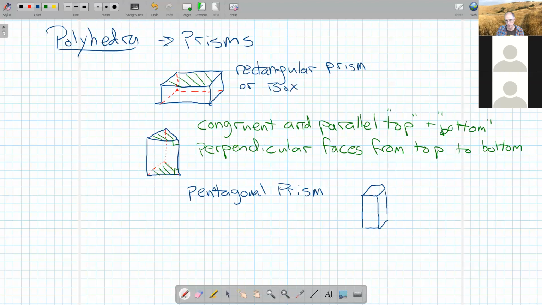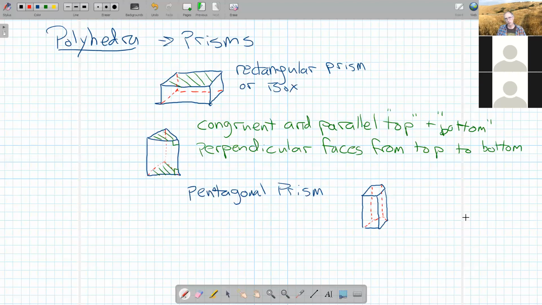And then there would be some dotted lines where this vertex comes straight down, straight over, and then this vertex. There has to be a line coming straight down so I can go straight over. Whew, that's challenging. So I have this pentagon at the top, and I have this other matching congruent pentagon at the bottom, and they're parallel, and then I have faces perpendicular coming up.